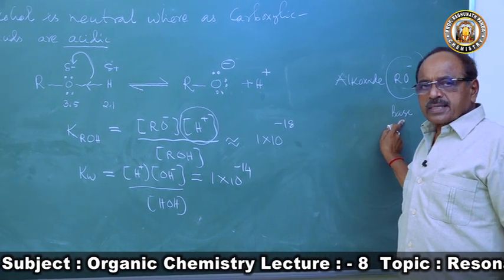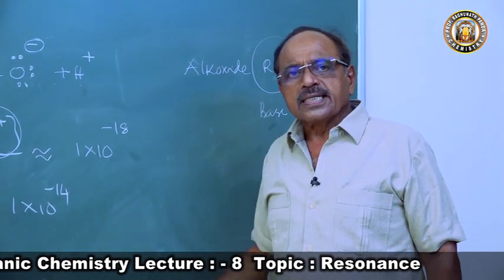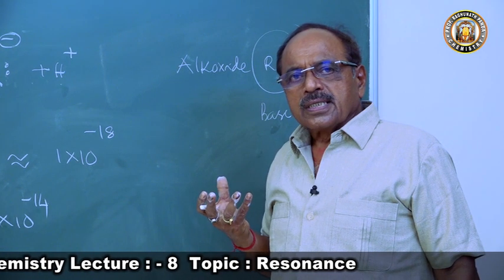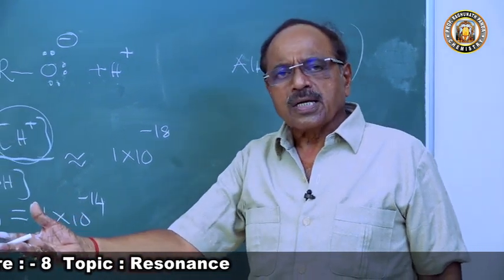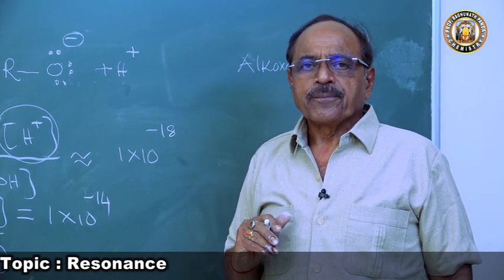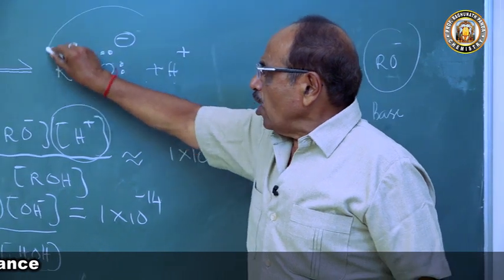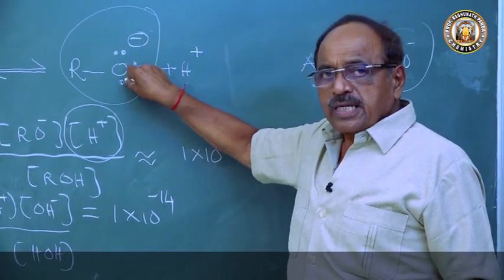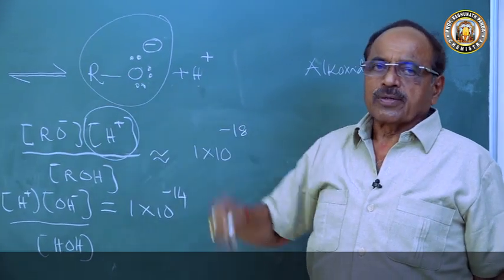Alcohol gives the proton, no doubt, but takes it back again. That means the alkoxide ion is not stable as RO minus; it reacts with H plus to become ROH.